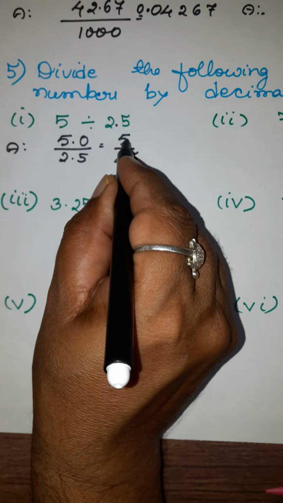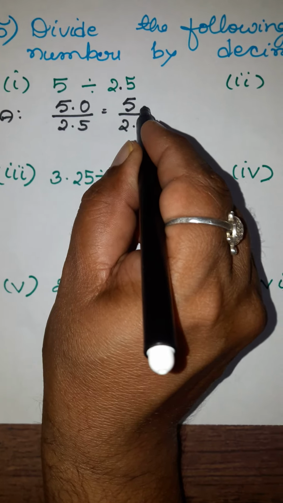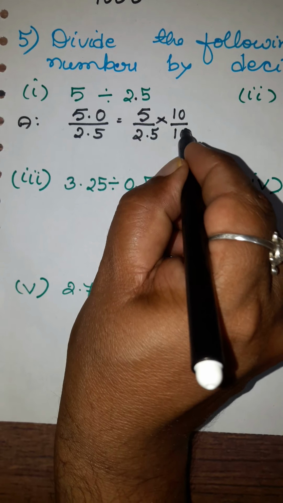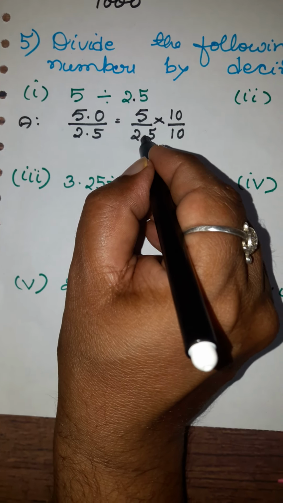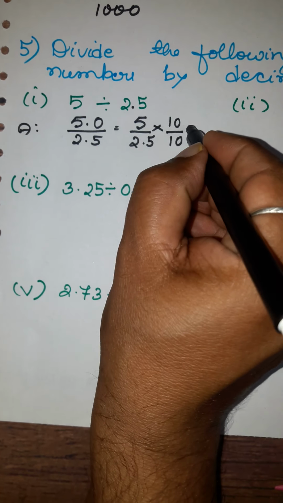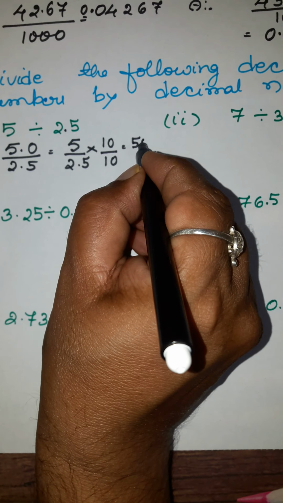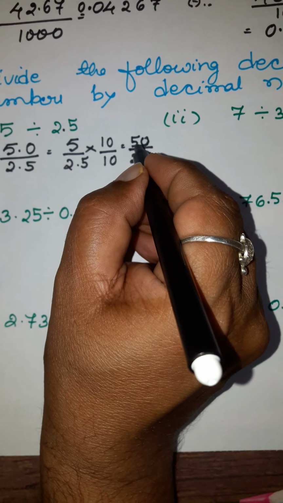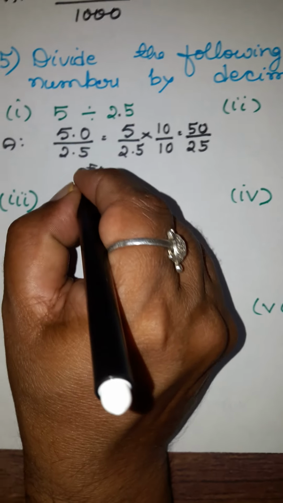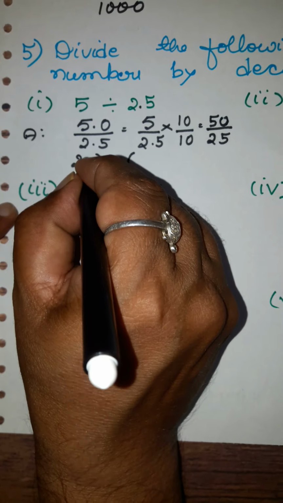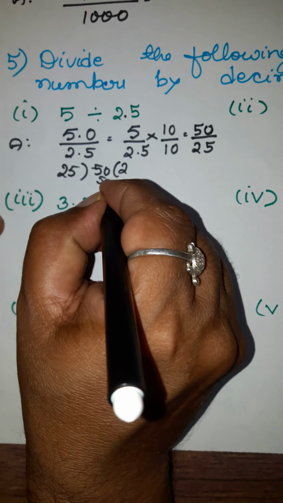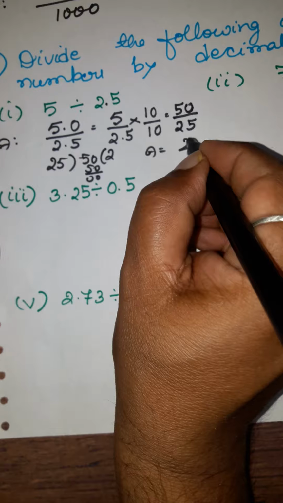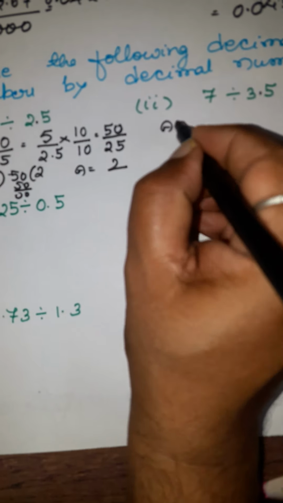So that means I have to multiply 5 by 10, this also by 10, because I want to move the decimal point to the right. So you'll get 50 by 25. If I divide 50 by 25, 25 2s are 50, 0, 0. So answer is 2.